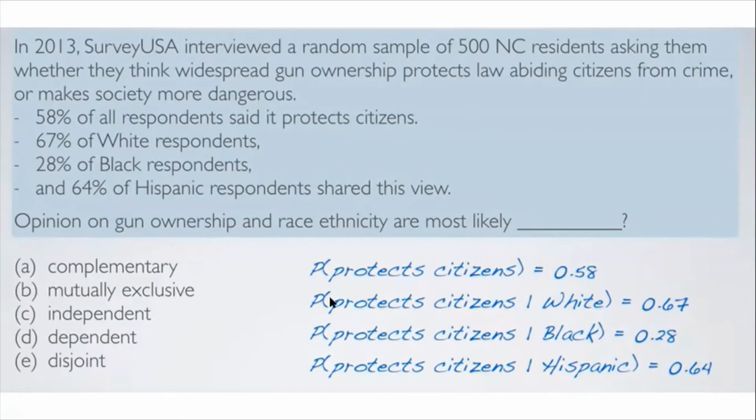Then we have the probability of protects citizens given white is 0.67, black 0.28, and Hispanic 0.64.